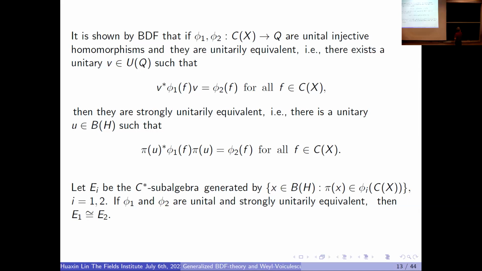And if these extensions are strongly unitary equivalent, then E1 and E2 are isomorphic, in this case at least. Okay, so in this case, strongly unitary equivalent is the same as weakly unitary equivalent. It's easier to see how you get a homomorphism, an isomorphism.